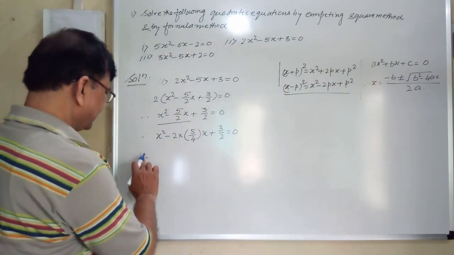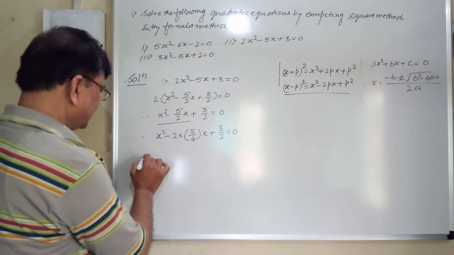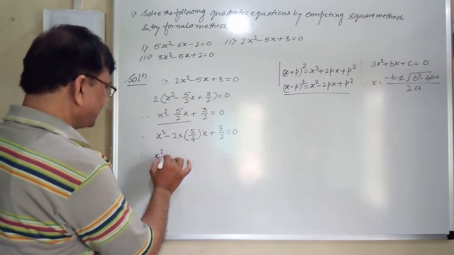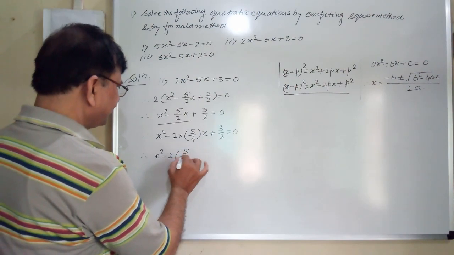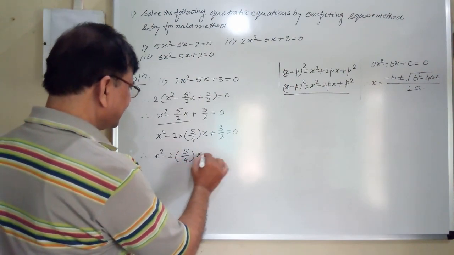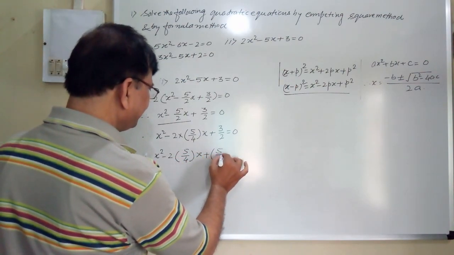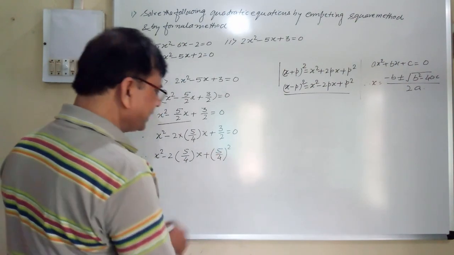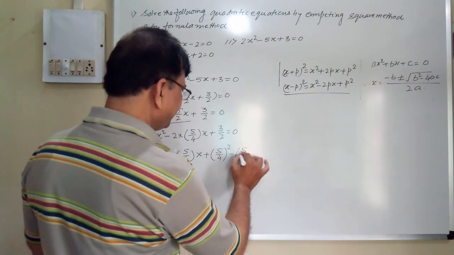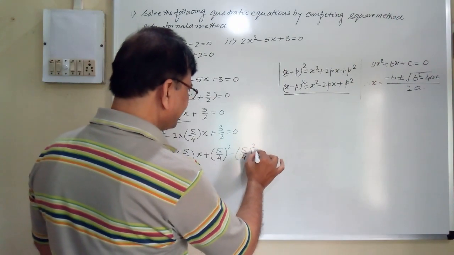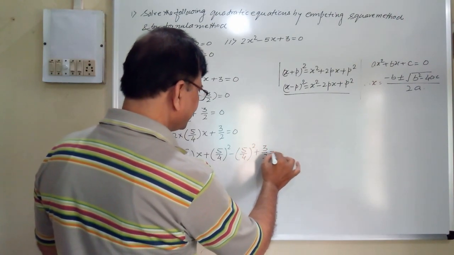Therefore it is x square minus 2 into 5 by 4x plus 5 by 4 whole square minus 5 by 4 whole square plus 3 by 2, that is equal to 0.